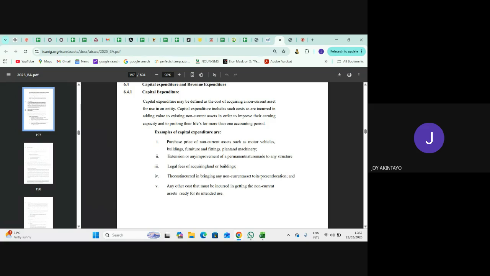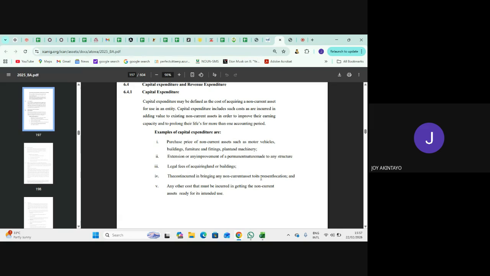Then the next one is the cost incurred in bringing any non-current asset to its present location. The cost we incur in bringing our asset to its present location.